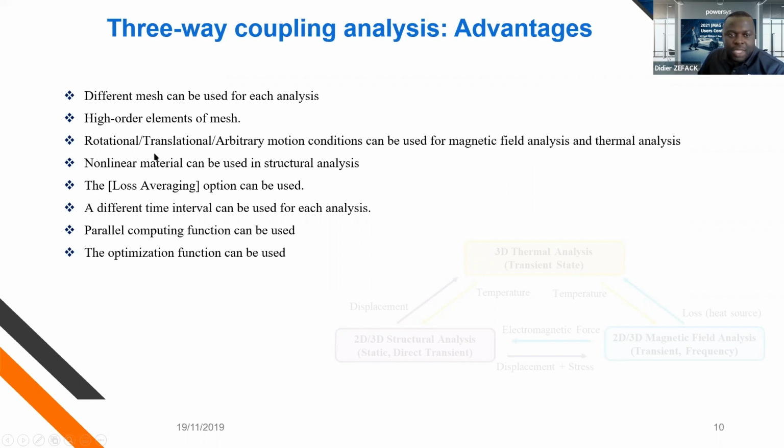Nonlinear material without temperature dependence can be used in the structural analysis. We can also apply the loss averaging function. We can define different types of simulation time, so the three solvers can have different simulation times. We can also speed up the calculation by using the parallel computing function of JMAG. Also optimization can be used to run the three-way coupling analysis.